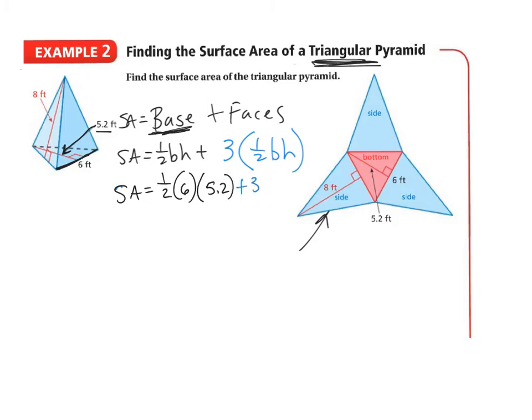And let's go ahead and add our faces too. So we have 3 times 1/2, and what's the base of this? So we're looking at this side, right? Like this triangle. So the base is going to be this line here, and the height, the slant height as they call it, is going to be this right here. So the base is 6, right?